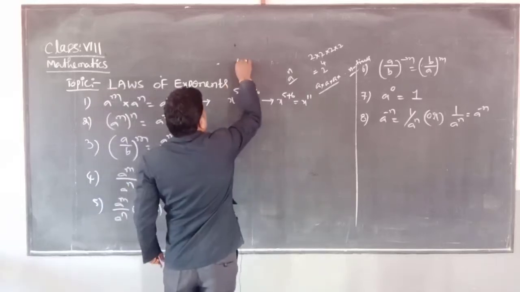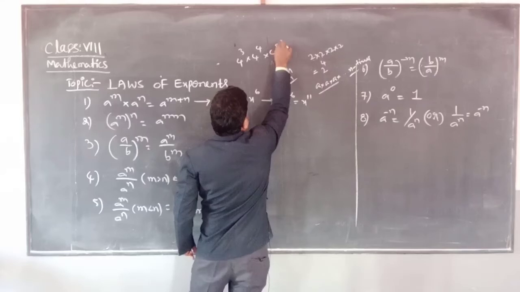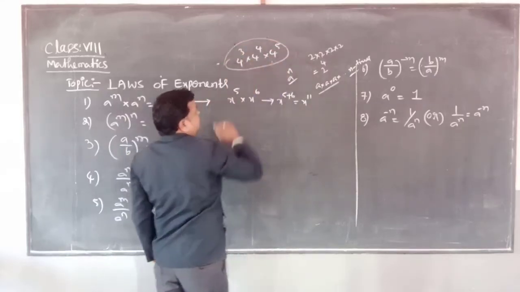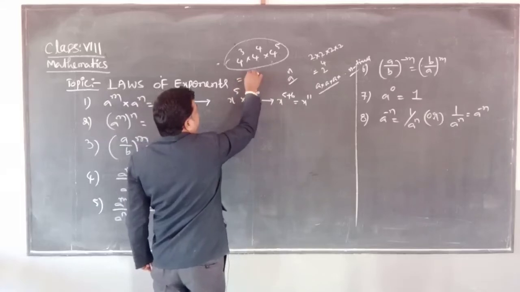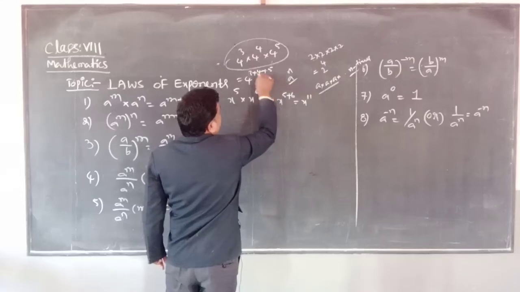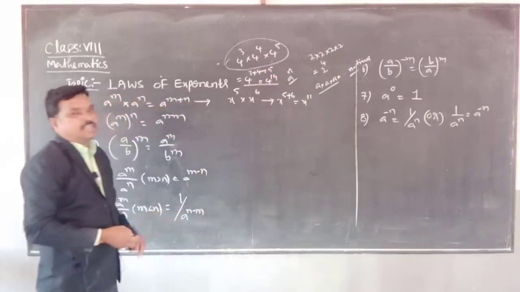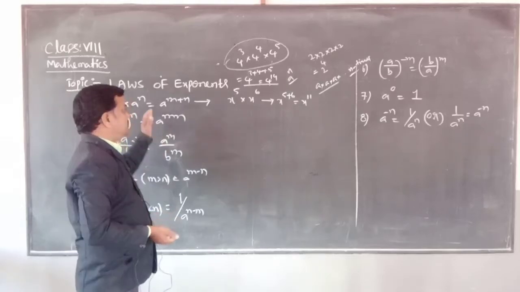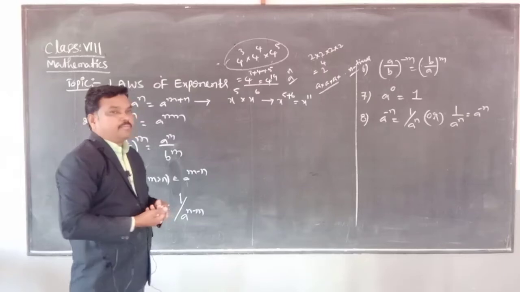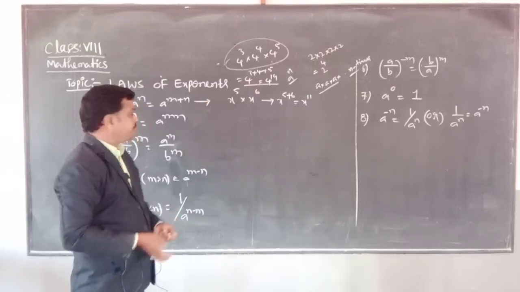In case 4 cube, 4 to the power of 4, 4 to the power of 5, here also 3 bases are same, just add the powers. 3 plus 4 plus 5 is equal to 4 to the power of 12. In this situation, we have to use the first law. When all the bases are same and the powers are different, we just have to add the powers.